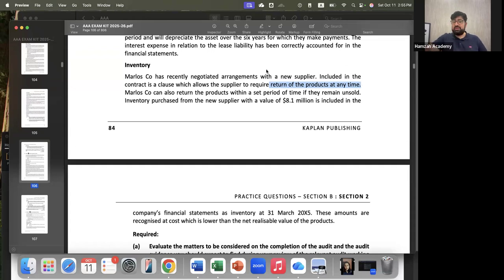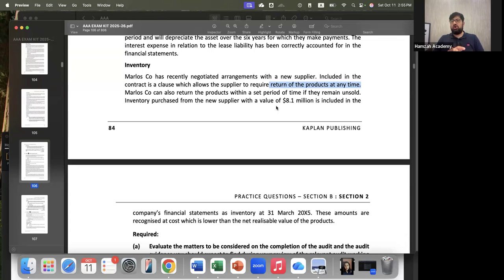So here they have recorded the inventory of 8.1 million. How should they record it? This inventory of the supplier should not be recognized.